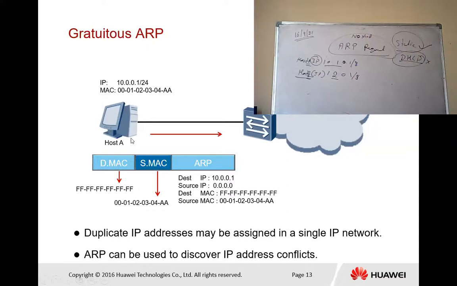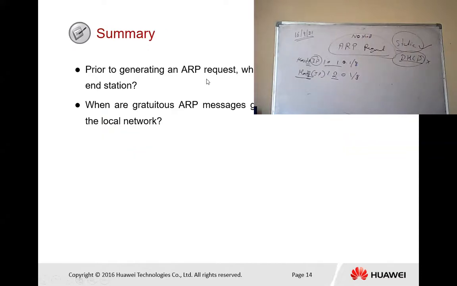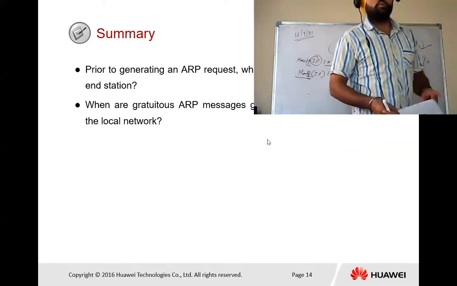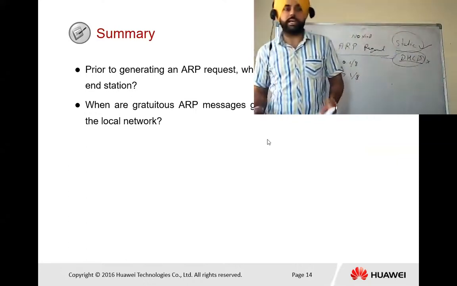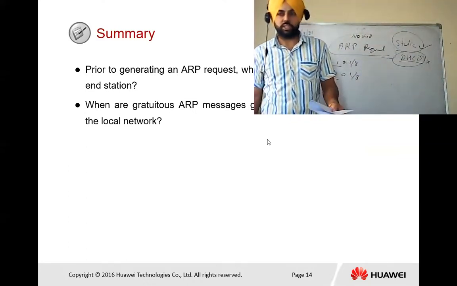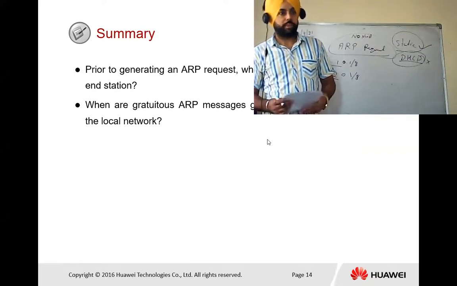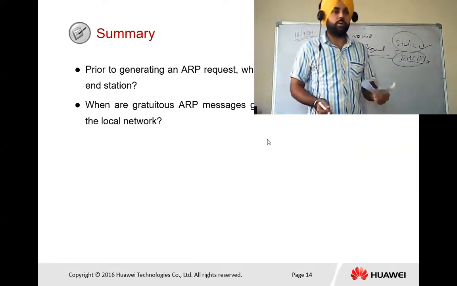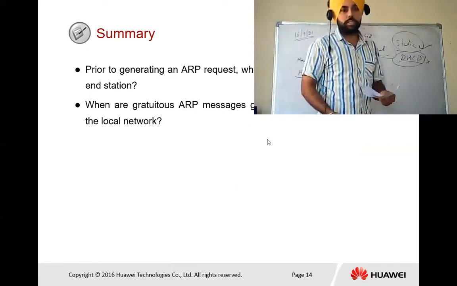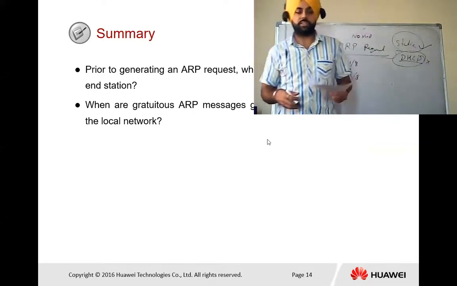After gratuitous ARP, we have the question part for this particular topic. The first question: prior to generating an ARP request, what action must be taken by an end station?